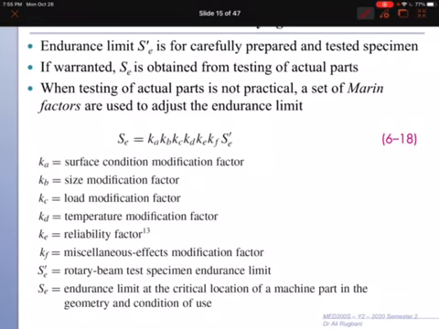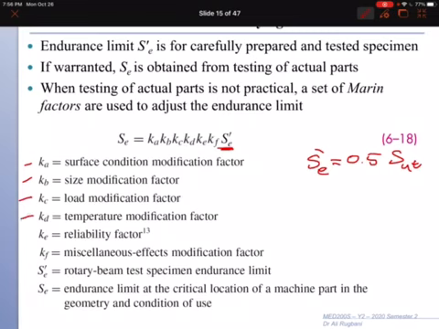If we have different conditions than the ideal test specimen, then we need to adjust the endurance limit. So we start with 0.5 ultimate strength, which is this one. S E prime is 0.5 ultimate strength, and then we add all the modification factors.